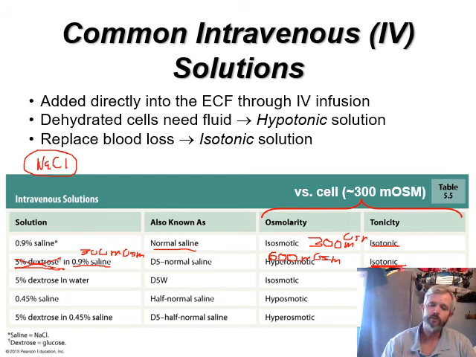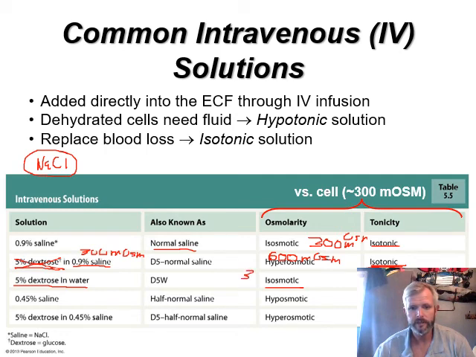So that is why we look at the non-penetrating solutes. Consider it in this example. Let's look at dextrose in water. It's isoosmotic, so that tells me this solution is 300 milliosmoles. But what did I tell you about dextrose? It can be considered a penetrating solute. All we have is dextrose and water. There are no other solutes in this solution. So how many milliosmoles of non-penetrating solutes do I have in this solution?